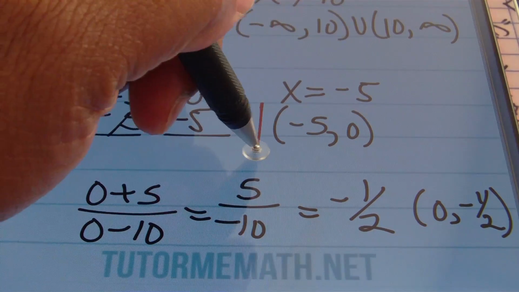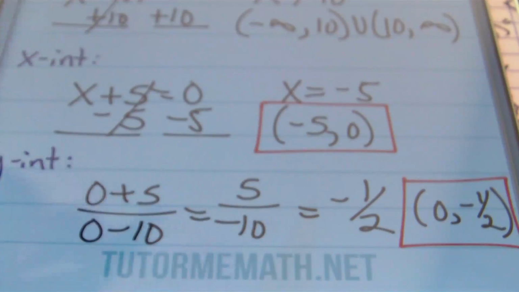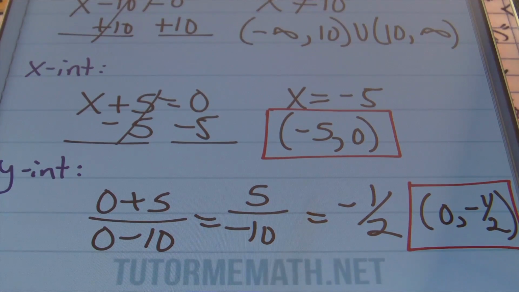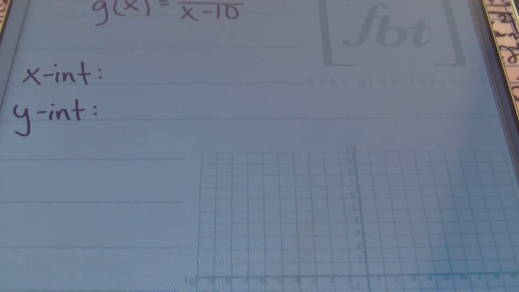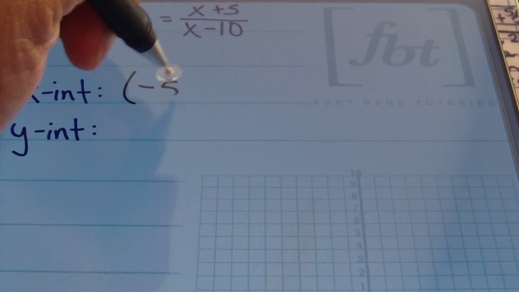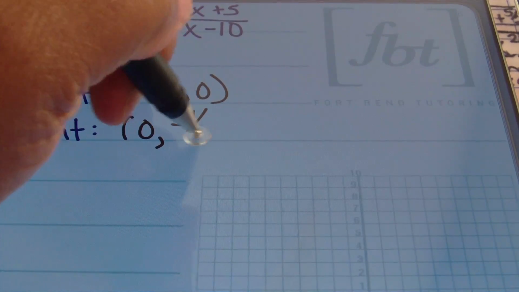So here we have the x-intercept. And we have the y-intercept. We find that the x-intercept is at negative 5, 0, and the y-intercept is at 0, negative 1/2. Let's go ahead and graph that now. We have our original function g, an x-intercept at negative 5, 0, and a y-intercept at 0, negative 1/2.